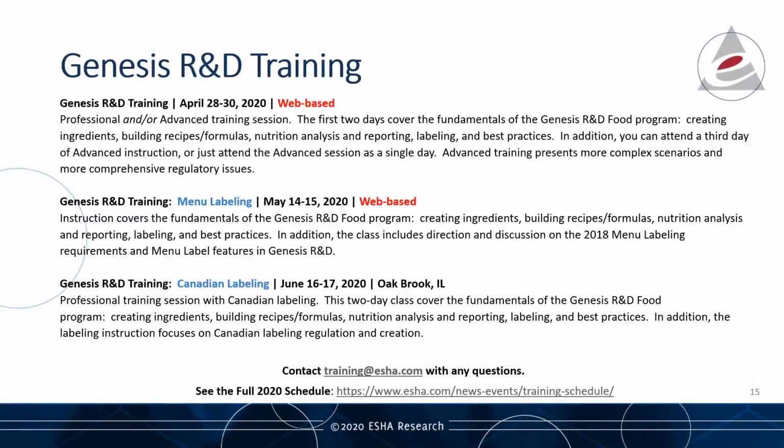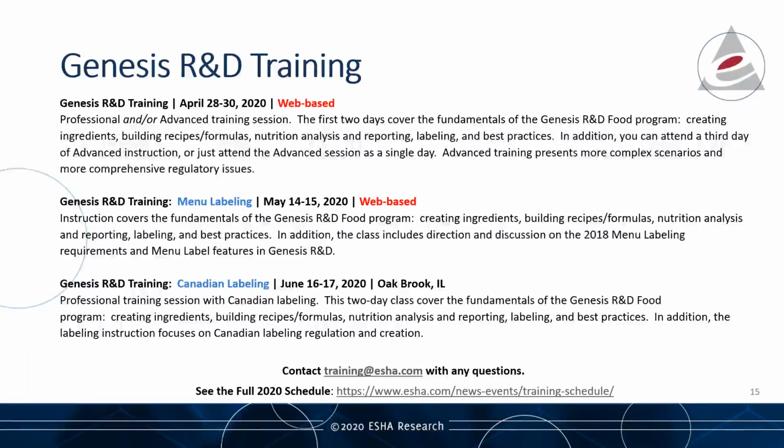So the April training session will be our standard format now. We offer 3 days of training. The first 2 days are the traditional professional, entry-level days, getting familiarized with Genesis features and some discussion on the labeling and these settings like we've talked about today. So that can be viewed as the first 2 days or just a 2-day training in itself.